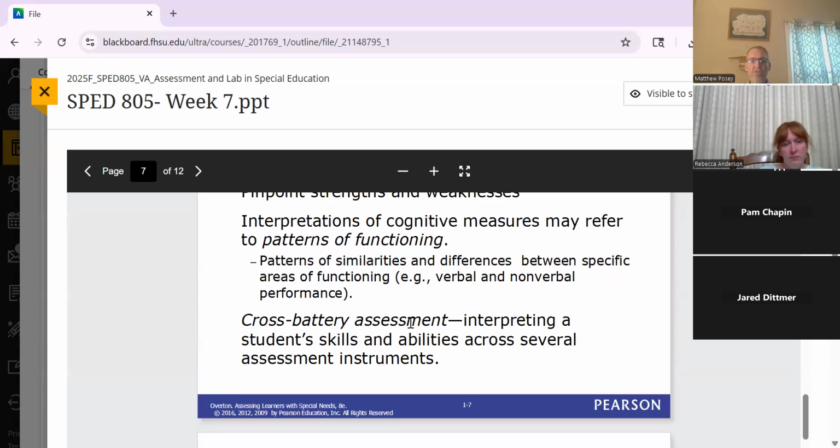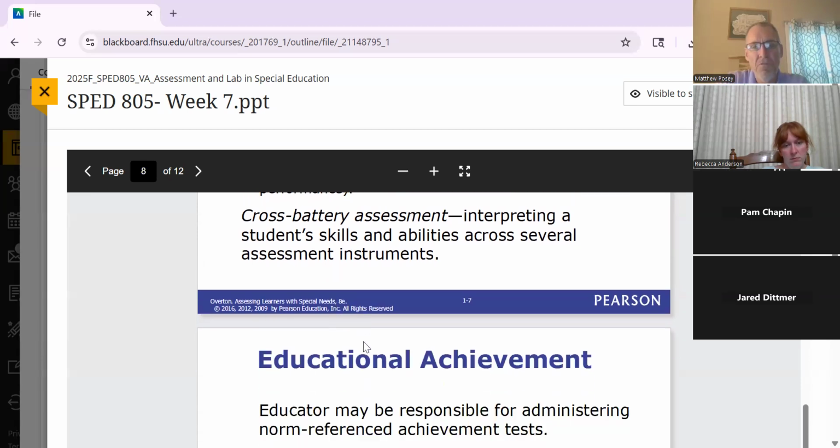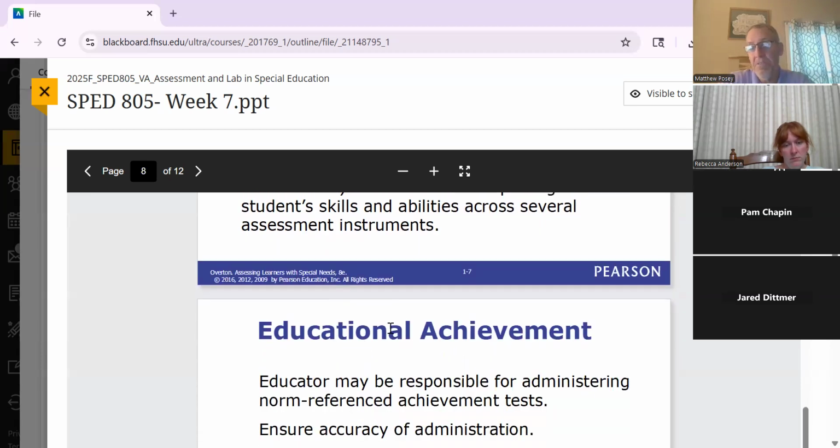Okay. We also use what we call cross battery assessment. I may come in and use the WISC assessment for the IQ portion and then pull another section from the WJ4, and that's more or less what we consider cross battery. We're using more than one assessment to come up with our overall scores, and that's not uncommon to do. Okay.